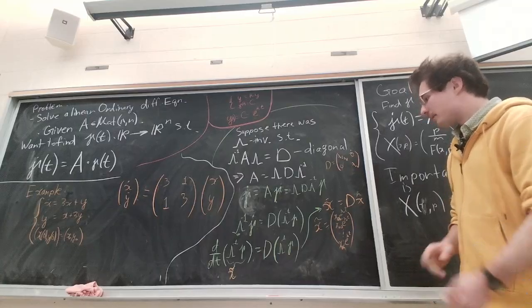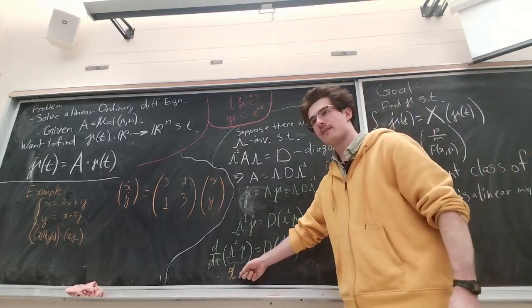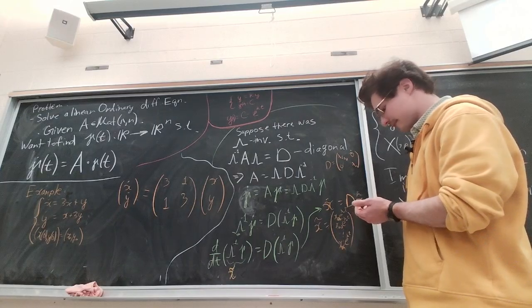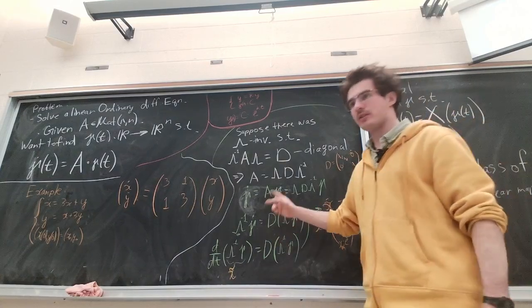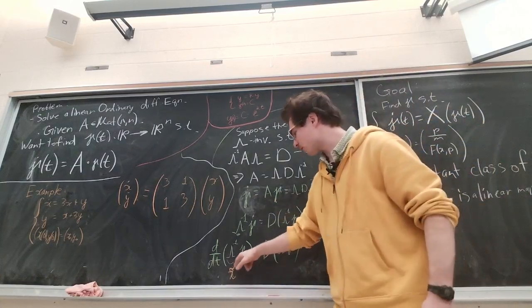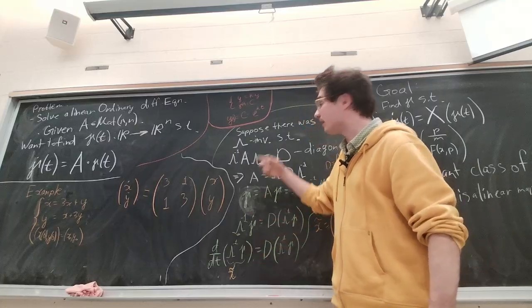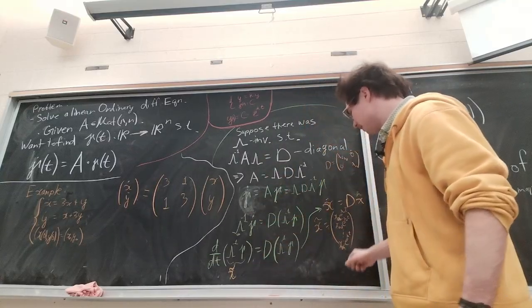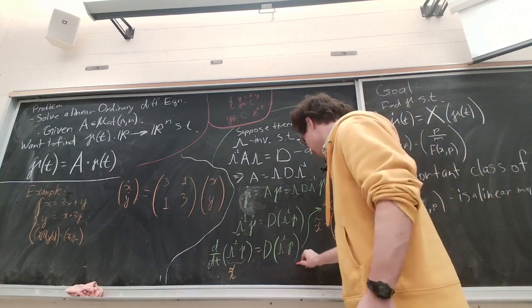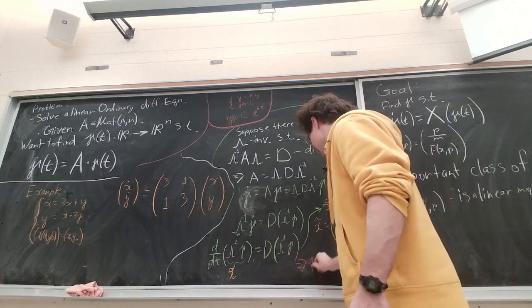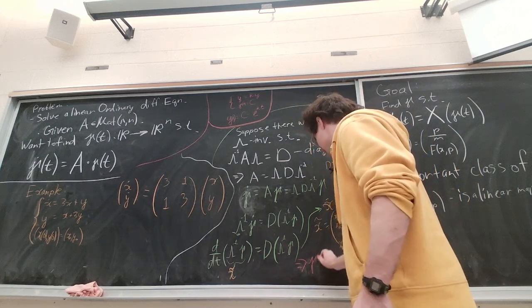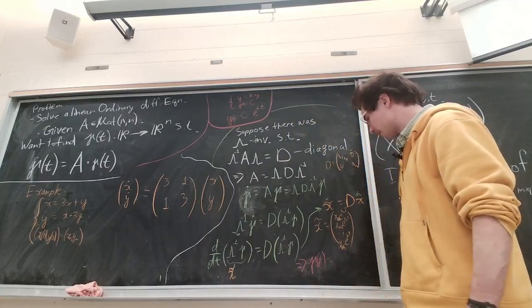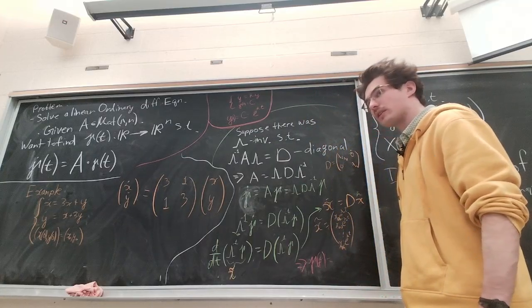Okay. But if x tilde solves this equation, I can work backwards and realize that this gamma solves the original equation. So I found what x tilde has to be. So this means that gamma of t is equal to what in terms of x tilde?